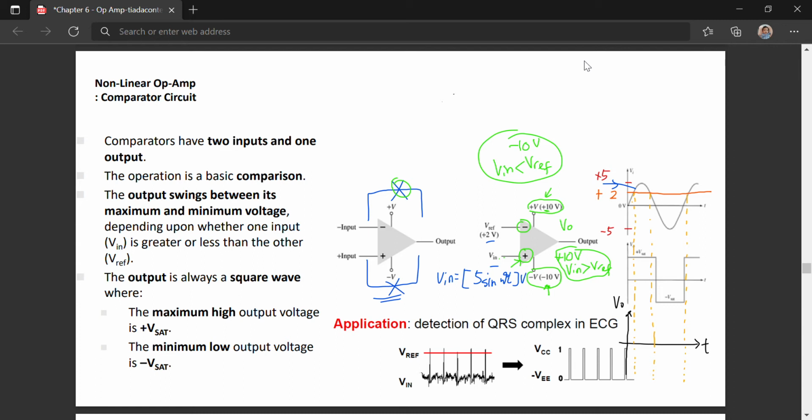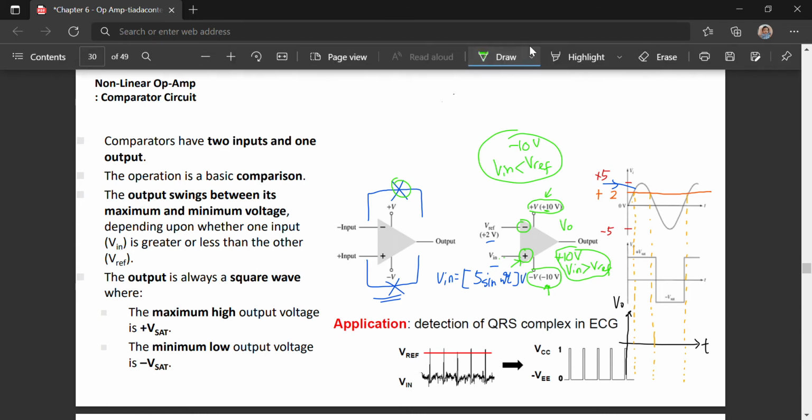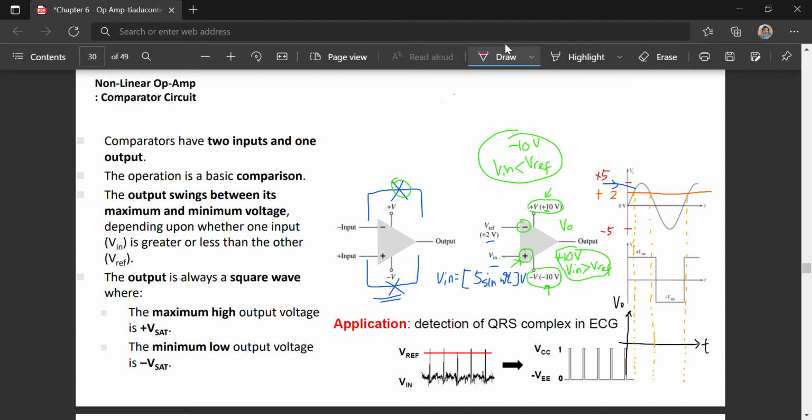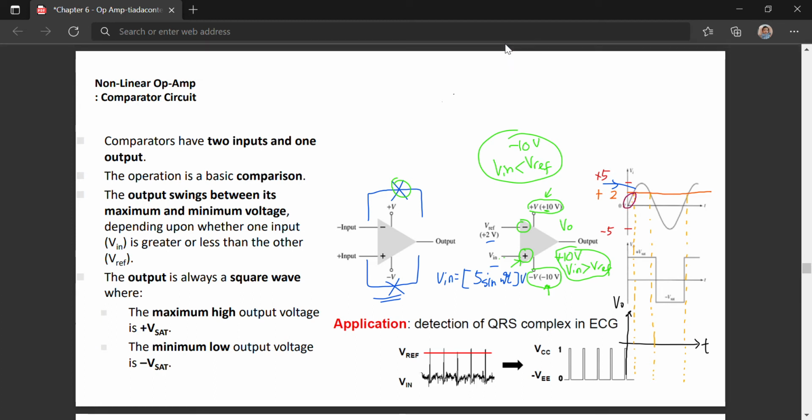Okay, because this is non-inverting op-amp. Therefore here when you see your graph, the sine wave signal less than 2, you will get minus 10. So at this point, you will get minus 10.